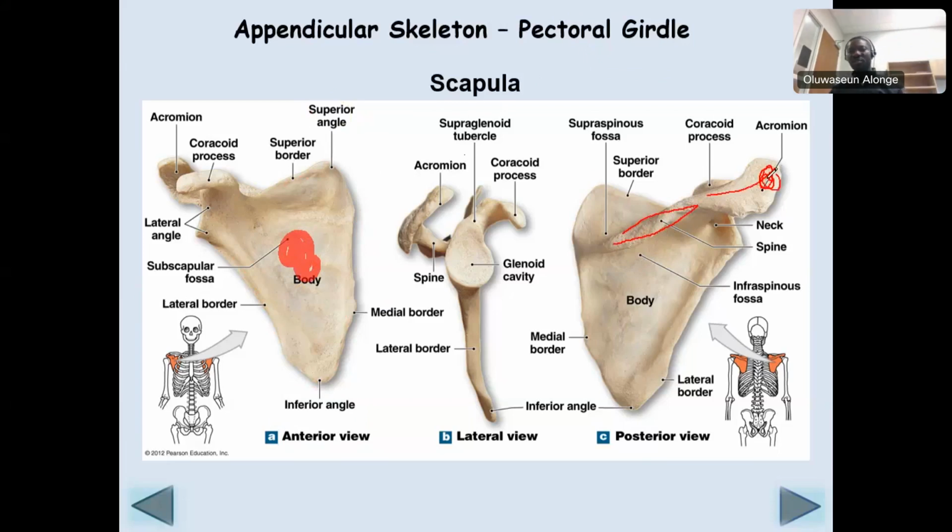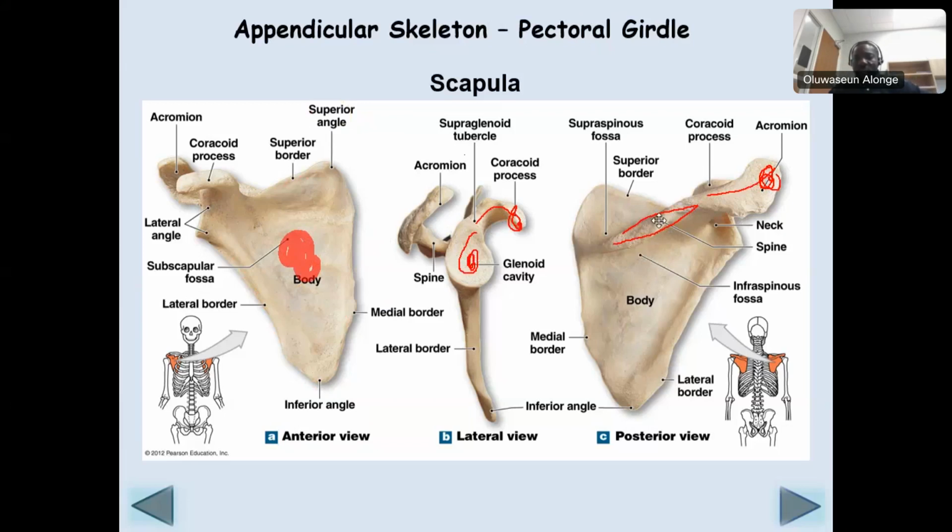There is also the glenoid cavity, which is the point that connects with the humerus to make the shoulder joint, called the glenohumeral joint. I'll talk about that. On top of the glenoid cavity is the coracoid process. You see that? That's the coracoid process.